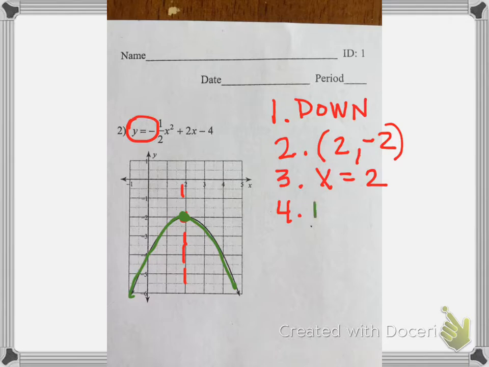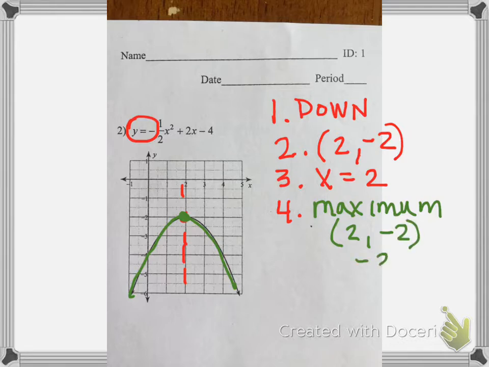So for the maximum, some people think of it as just the y value, which would be, in this case, -2. But it can also be written as the whole vertex. That's the high point of this.